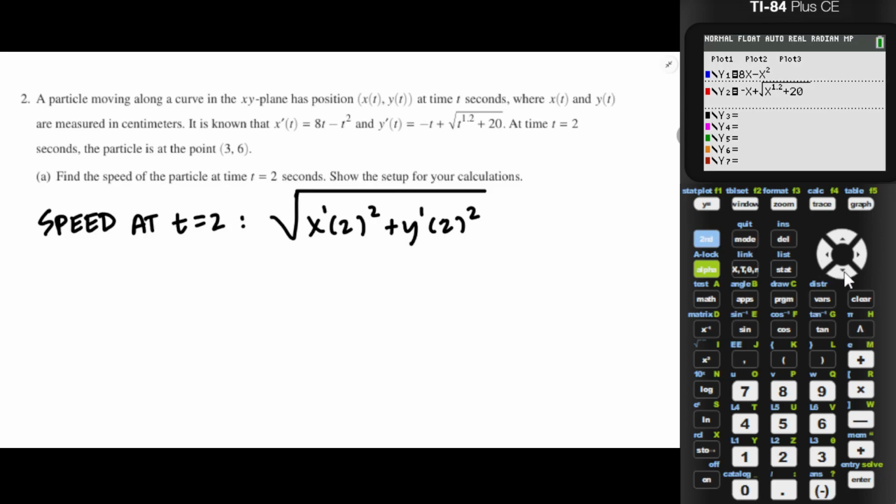And then, because we've got y3, I'm going to do the square root of y1 squared plus y2 squared. And if we need to use that again for, say, total distance or something, we'll know that we've got that in y3.